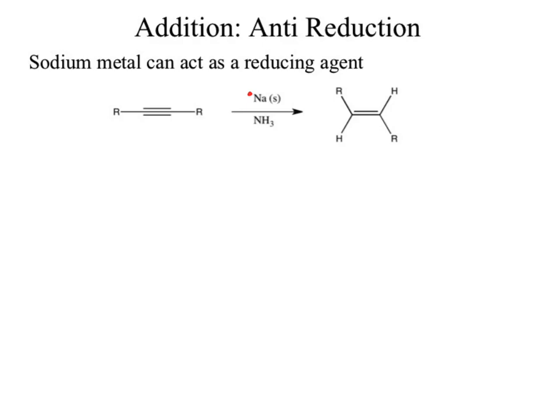The electrons from that sodium, that single electron, goes, I need some place to stabilize. I'm going to try and give it to the pi bond. What's the problem with giving it to the pi bond? There are already enough electrons there. So what happens is the pi bond breaks. We show the electrons going into the space between.